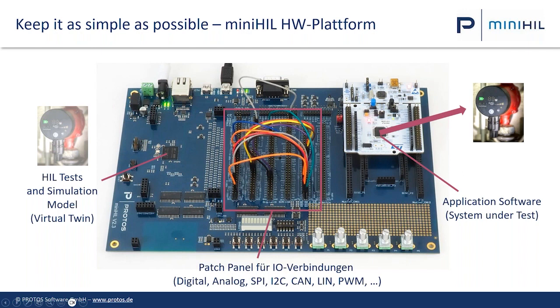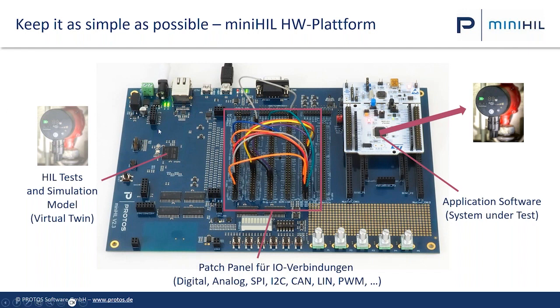And the goal is to test the microcontroller at the pins of the microcontroller. So we connect the pins of the microcontroller over this patch panel here with our test system. So the usual IOs on that level: digital, analog, SPI, I2C, all the low-level bus systems, PWM, of course, for motor control, and so on.